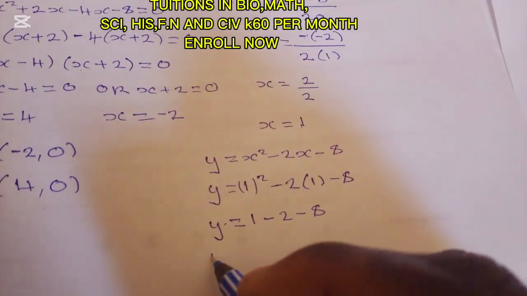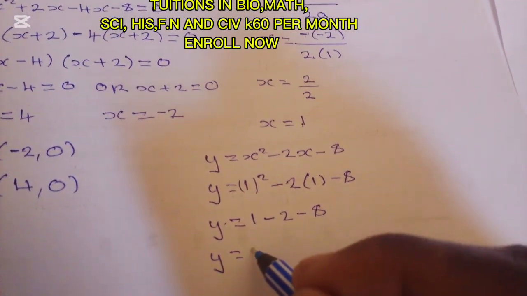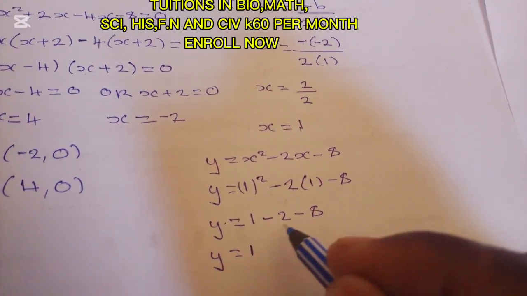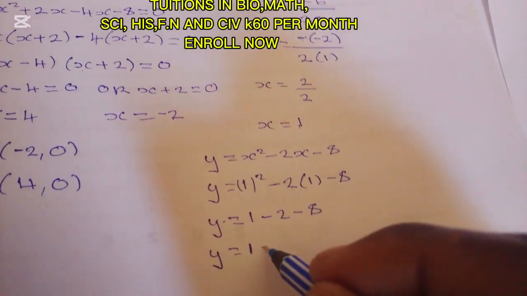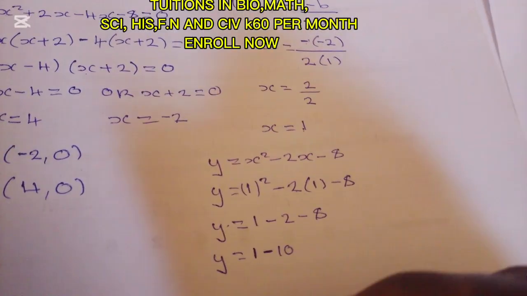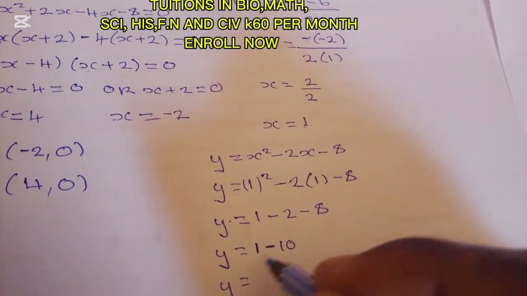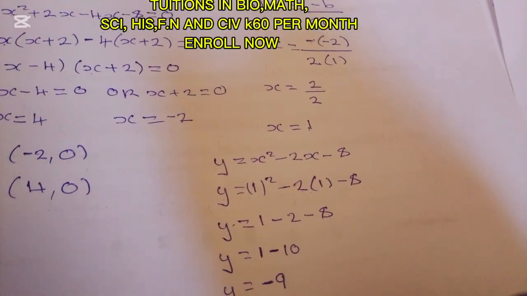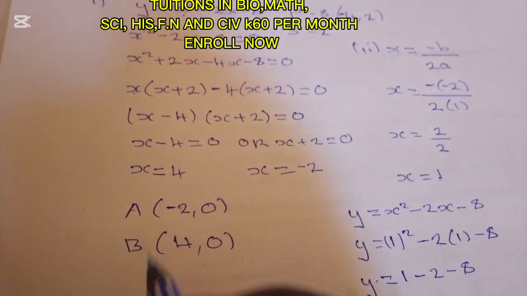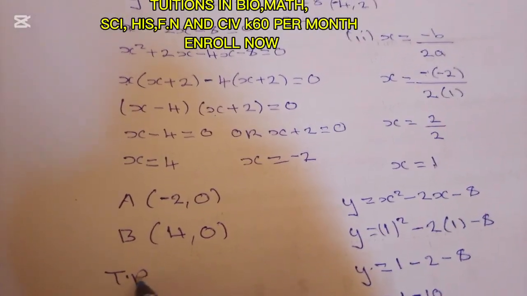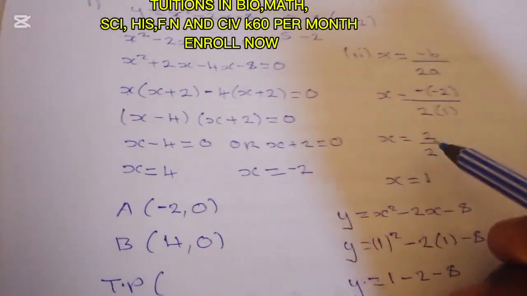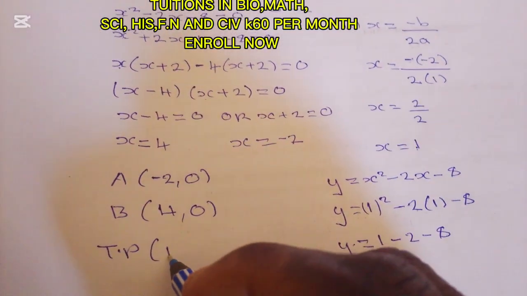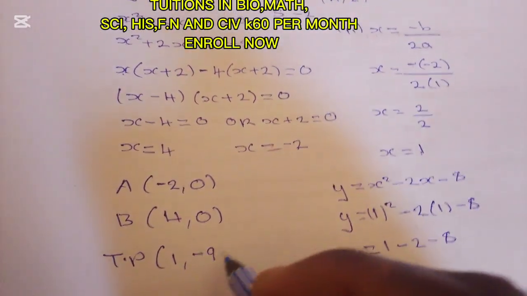Then we say y is equal to 1, then this we add the signs, because the signs are same, and it will be negative 10. Then here we subtract, the sign of the bigger number is a negative, 9. So the turning point, it will be x it's 1 and y it's negative 9, so 1 comma negative 9.